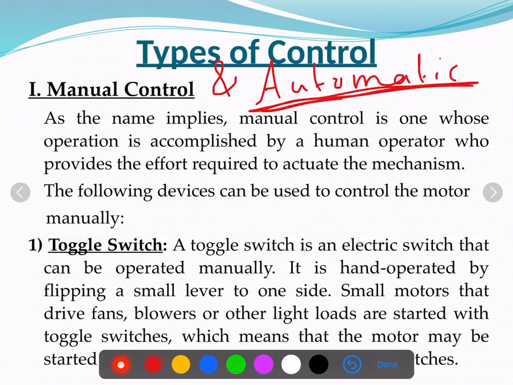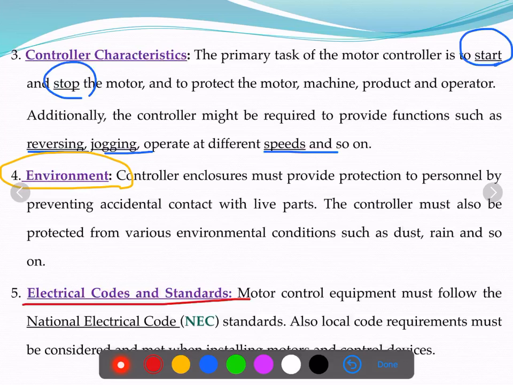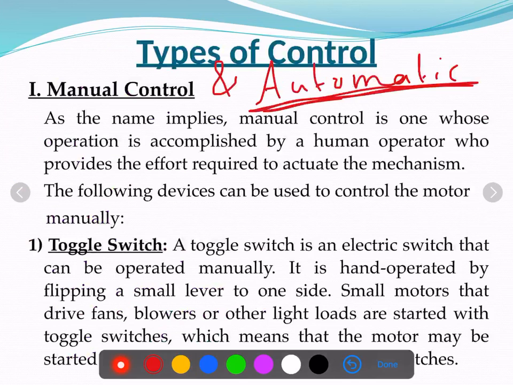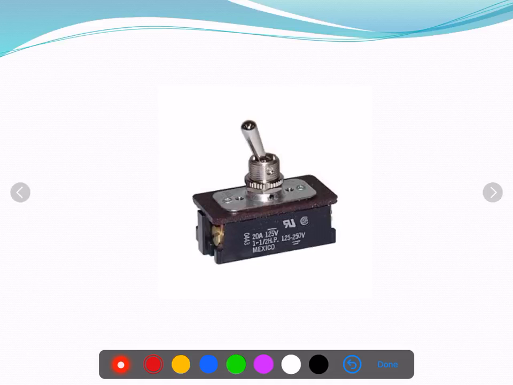Types of manual control, types of switches. Here in the textbook, they mentioned 2 types: the toggle switch and the CAM switch. This one is the toggle. Toggle means it has only one status, on or off. It's very similar to a knife switch.